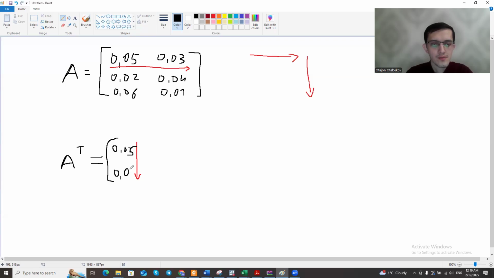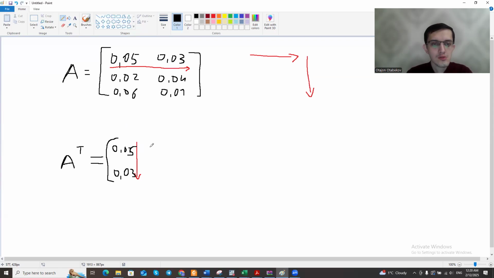Somewhere here. Okay, exactly the same thing with other rows. I take my second row and put it as a second column. Then I'll take my third row and put it as a third column.